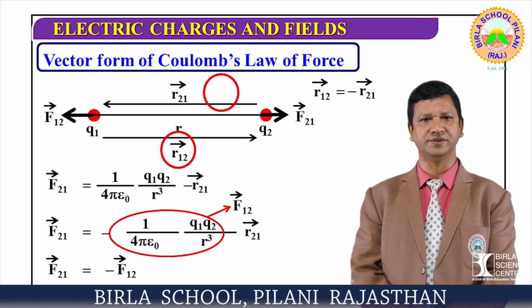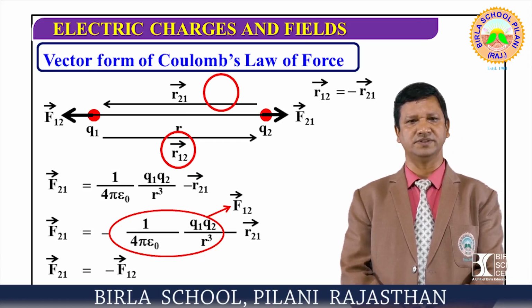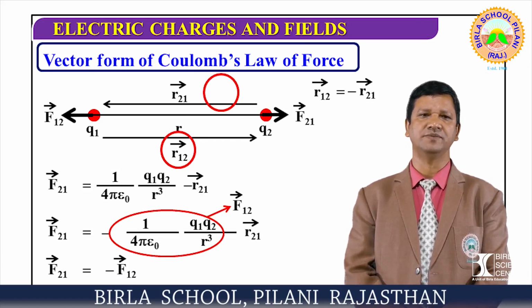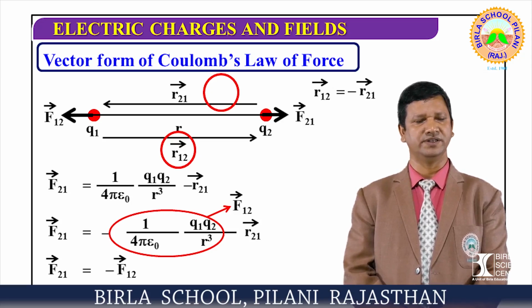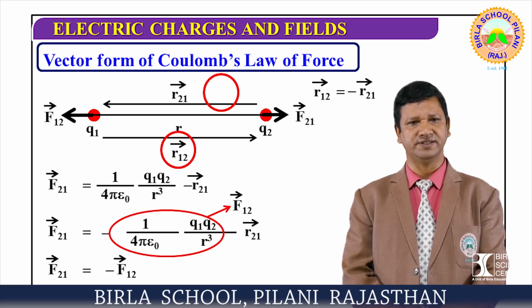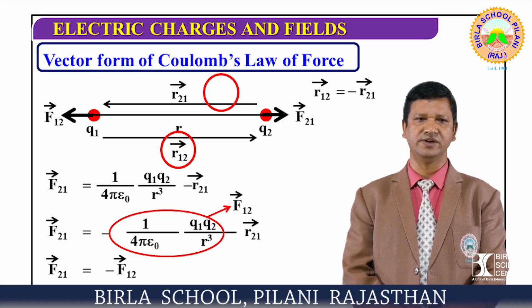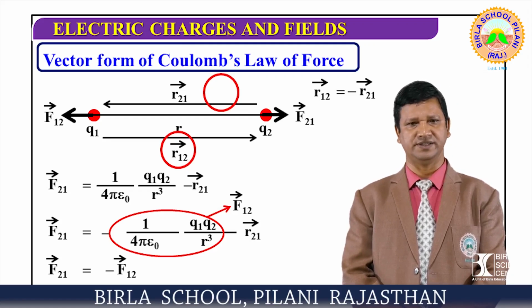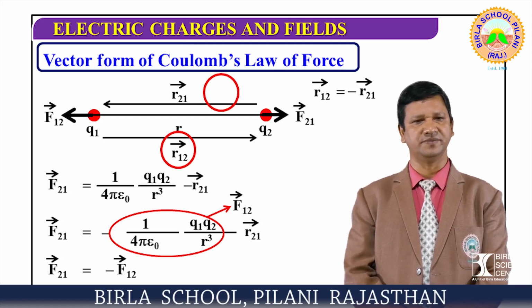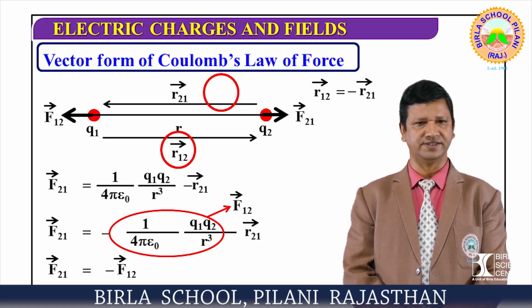Let us continue the same concept, because r12 and r21 play a very important role. They are equal in magnitude but opposite in direction, and that is why the forces are affected accordingly, because force is a vector quantity. They are distinguished only by their signs and direction.